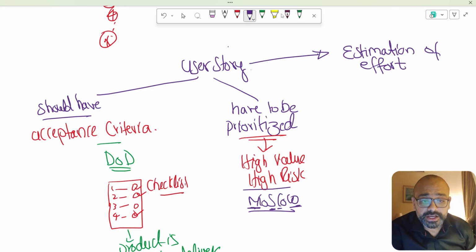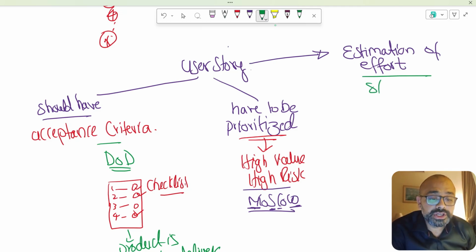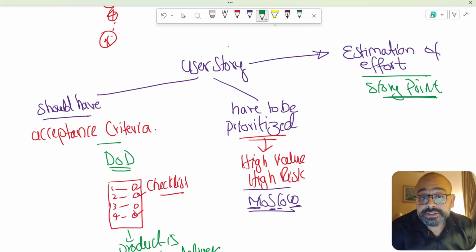For that, we have a system that every user story gets a story point. A point is a unitless measure that tells us the weight of the task. More the points, heavier the task, difficult the task. Less the point, it's easier the task, right?